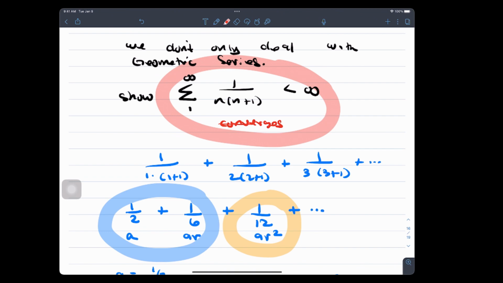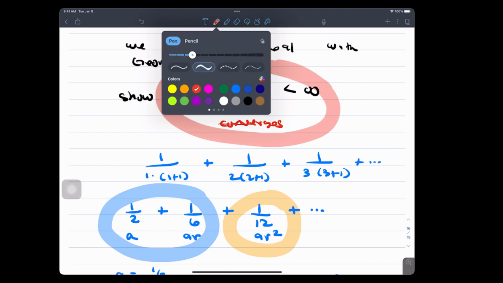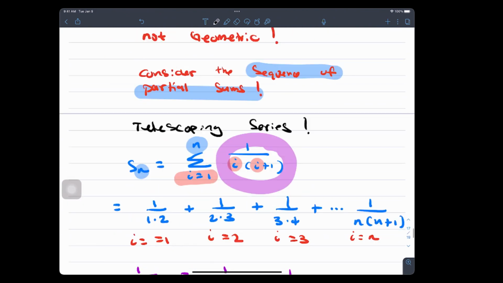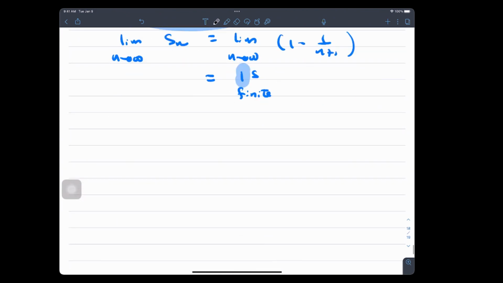In fact, we know something more than that. Okay? We actually found the sum. Generally speaking, you can't really do that very easily at all. In the beginning, we can.